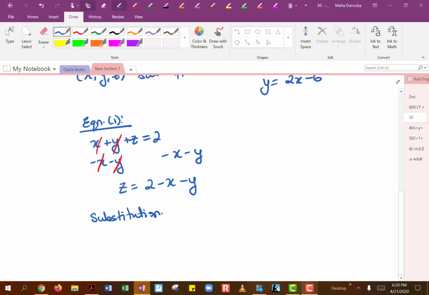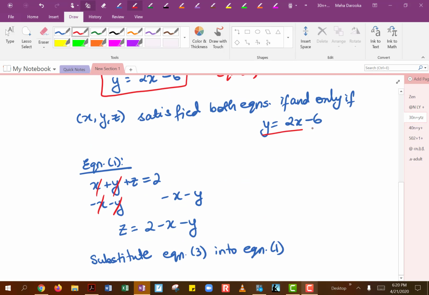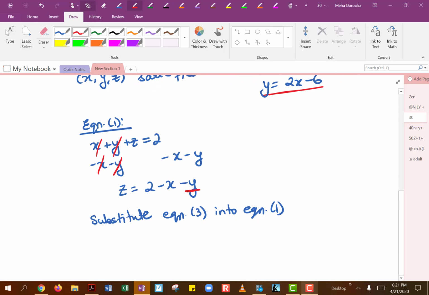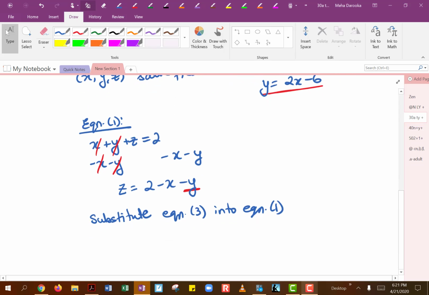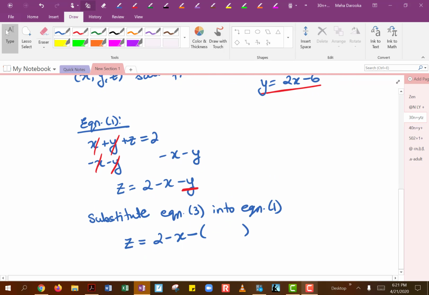I'm going to substitute my equation 3 into my equation 1. So I'm going to take this value of y equals 2x minus 6 and substitute that for y in this first equation that we have rewritten. So that would be z equals 2 minus x minus y, but instead of y, I'm going to put in here 2x minus 6.